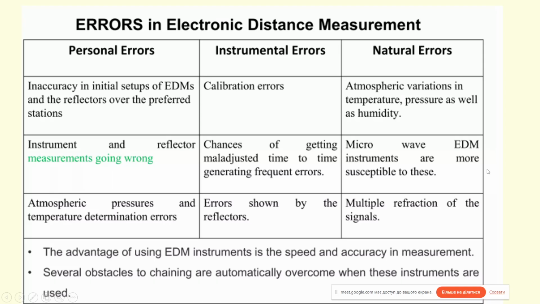Microwave EDM instruments are more susceptible to multiple refraction of the signals. Well, the advantage of using EDM instruments is the speed and accuracy in measurement. Several obstacles to chaining are automatically overcome when these instruments are used.